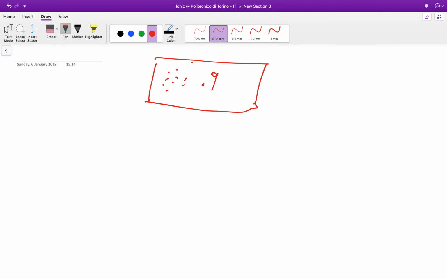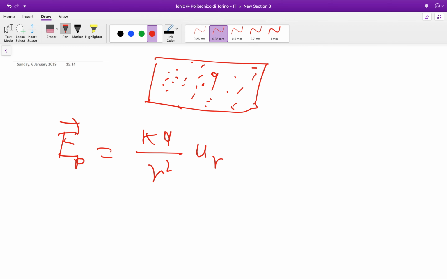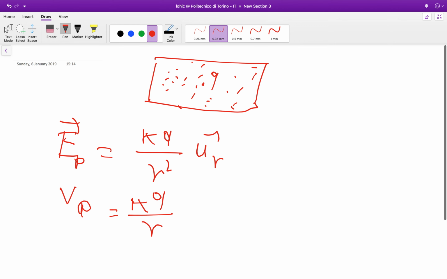This charge creates a field everywhere. The field at any point P will be equal to K times Q divided by R square, multiplied by the direction of the field. The potential at any point P would simply be equal to K times Q divided by R.